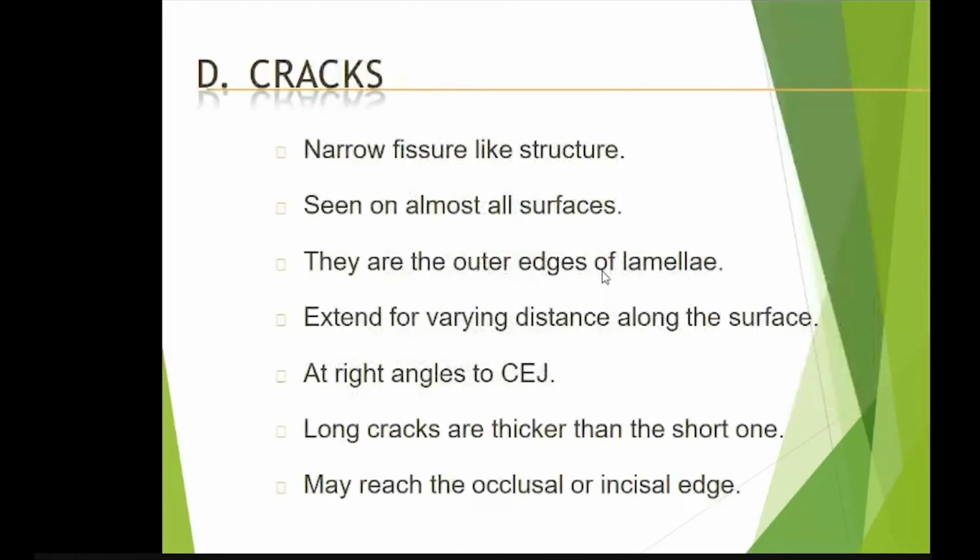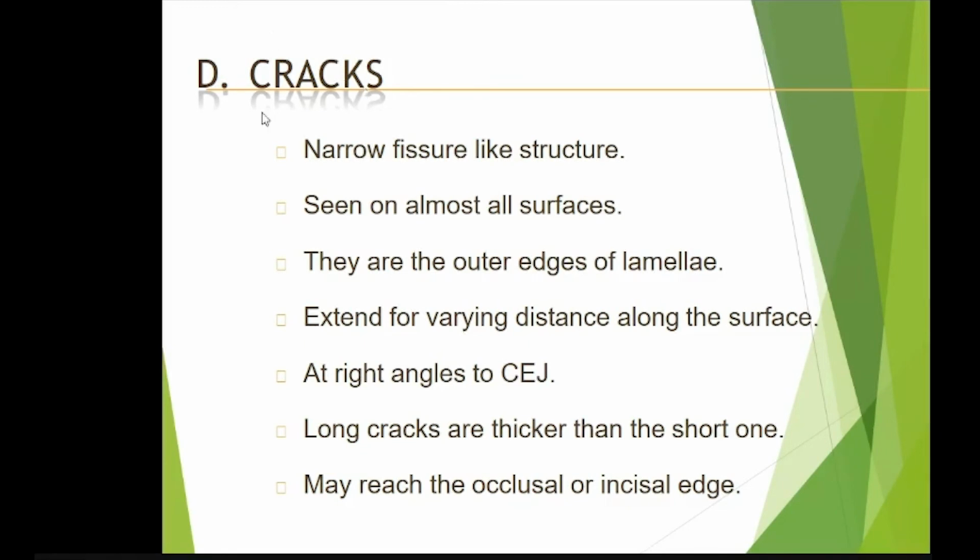ايضا we can observe what we call the cracks. Narrow fissure-like structures seen on almost all surfaces. They are the outer edges of lamellae extending for varying distances along the surface. What does crack mean? Crack, fissure. crack مثل الفشر. طبعا we find it on all the surfaces of almost all teeth. Outer edges of the lamellae. اللاميلي اللي قلناها تنطينا بالاوتر سيرفيس the crack.